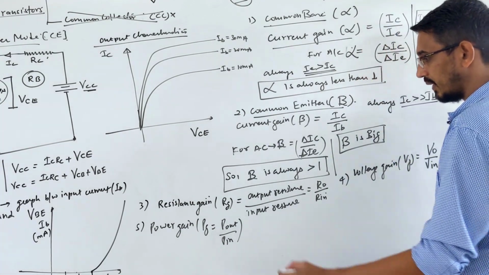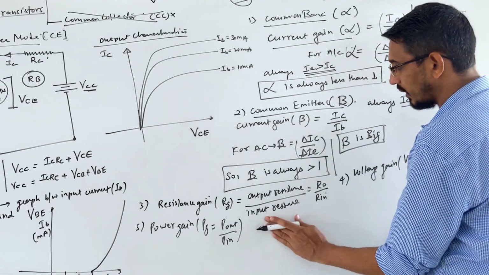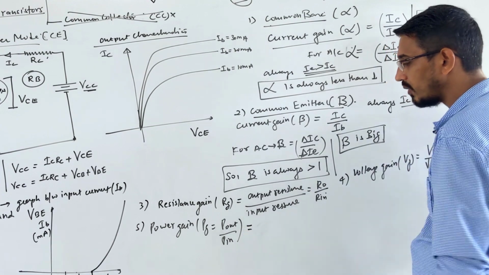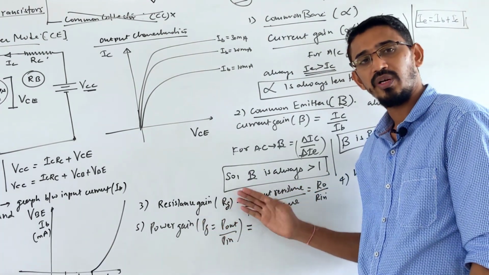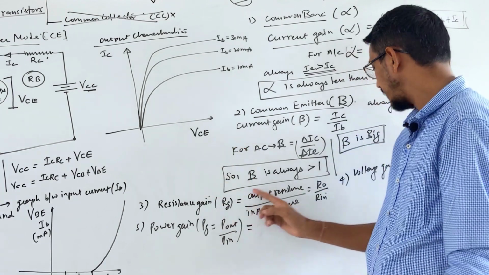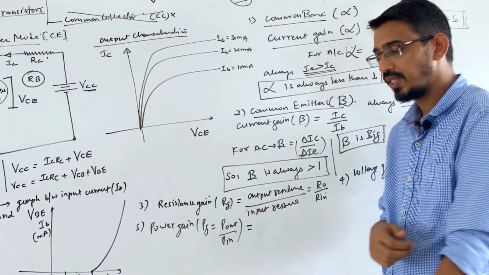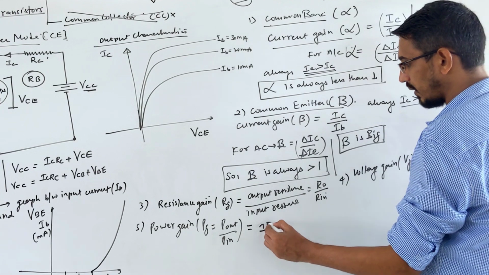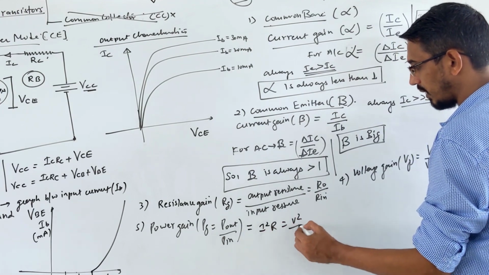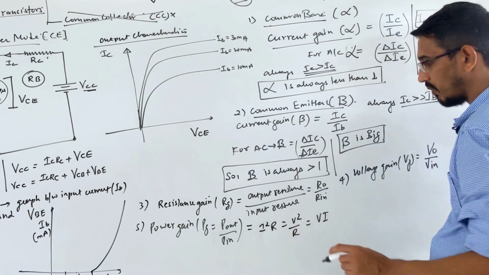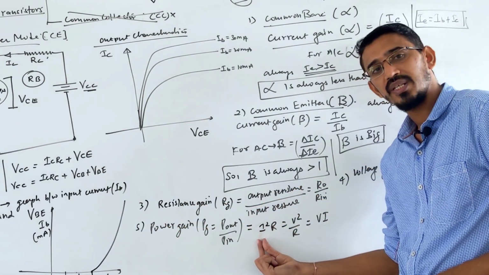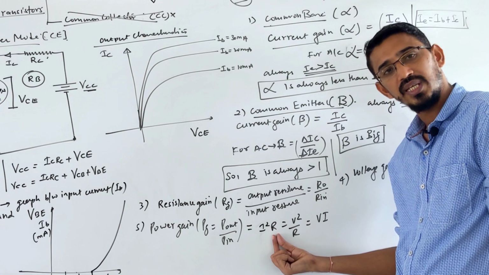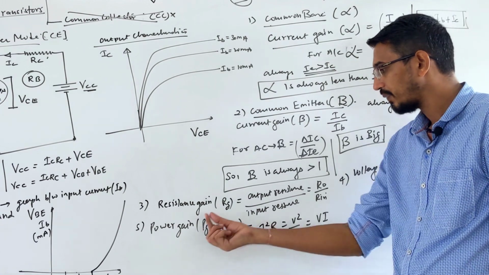Now if you watch carefully, power can be written in terms of current, voltage and resistance: I square R, V square by R, or V into I. So power gain is I square, meaning current gain square, into resistance gain. You should write it in gain format.